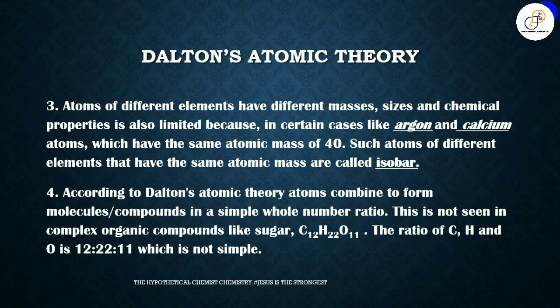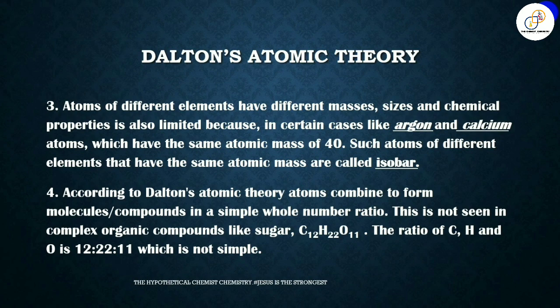But we don't see that in complex organic compounds like sugar. For instance, we have sugar with 12 carbon atoms, 22 hydrogen atoms, and 11 oxygen atoms. So the ratio of carbon to hydrogen to oxygen is 12 is to 22 is to 11, which is not simple.